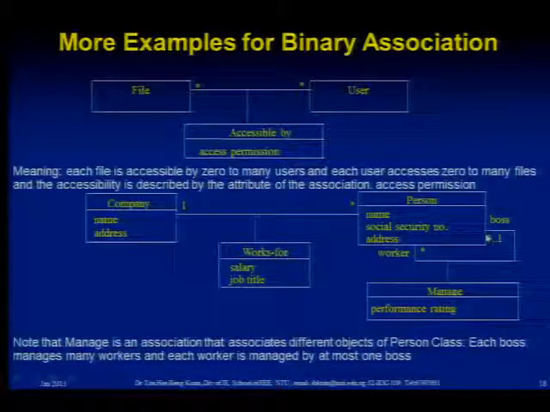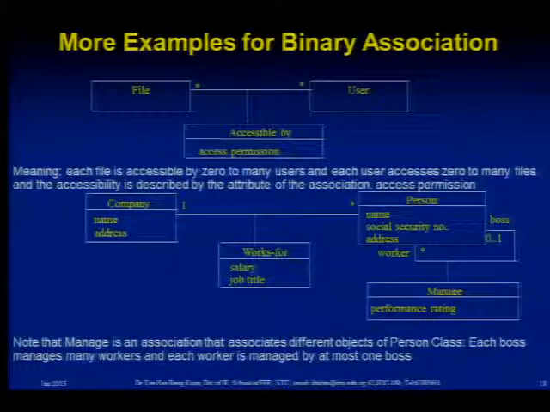That means a person may report to a boss or may not report to a boss. This class diagram is correct because in the organization, the chief executive officer, the head of the company, does not report to anybody. The chief executive officer, the general manager, does not report to anybody.